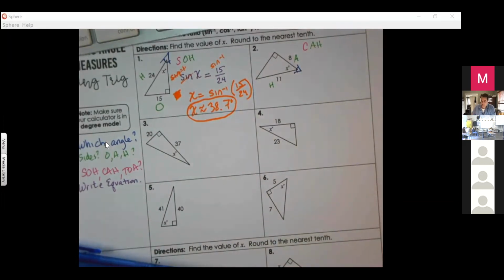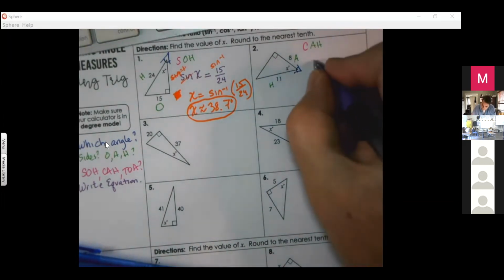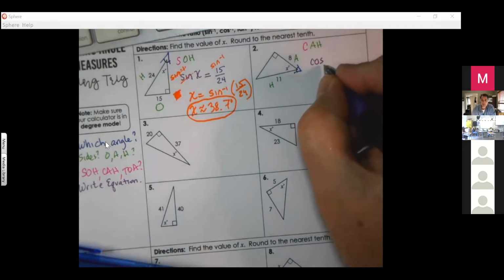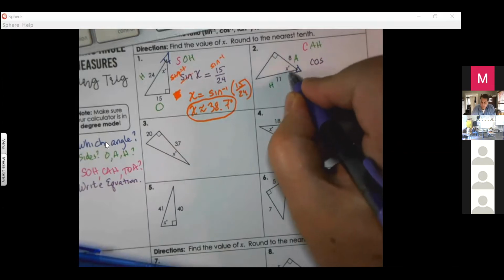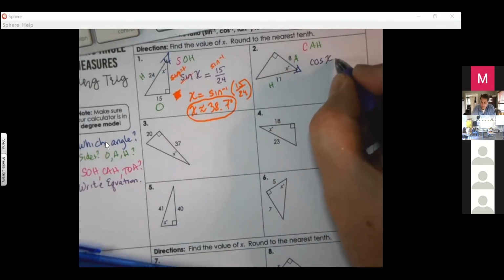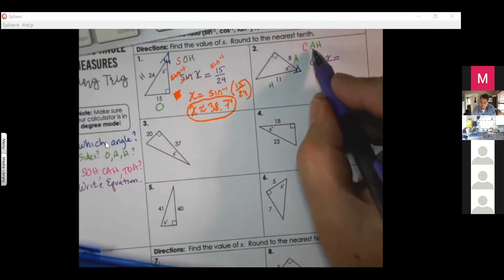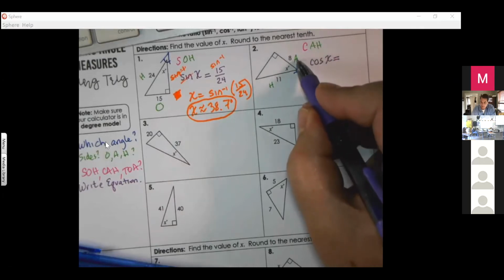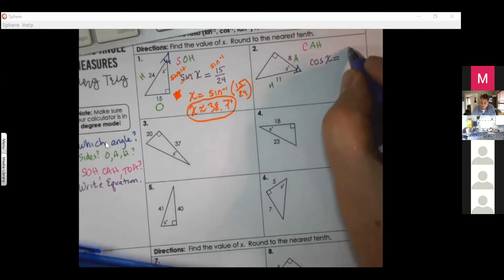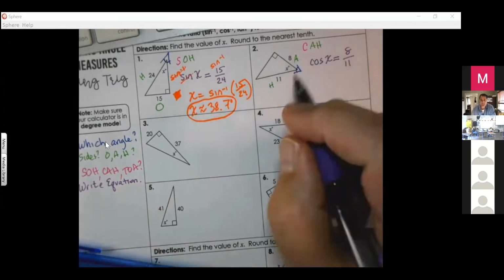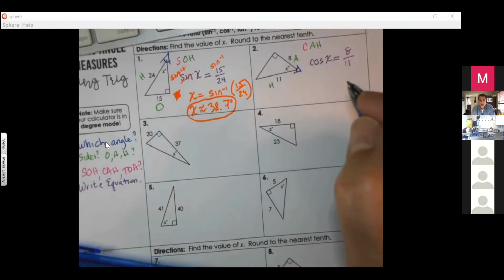That tells me that I can write the equation cosine, and always, always, always after the cosine, sine, or tangent comes the angle. In this case, that angle is unknown, so it's x, adjacent over hypotenuse. So A over H, 8/11. I want to solve for x.